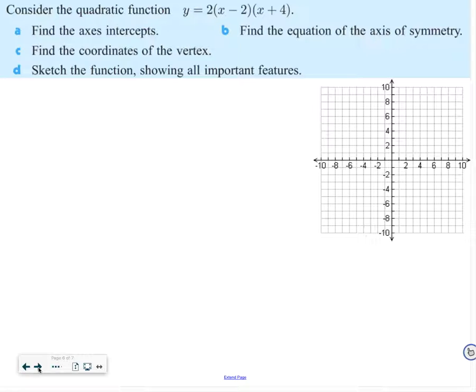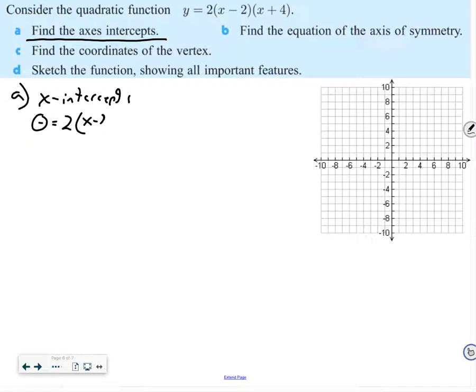So consider this quadratic. Notice it's in factored form. If I want to find the axes intercepts, first I'm going to find the x-intercepts. That's when y is equal to 0. So I get 2 times x minus 2.